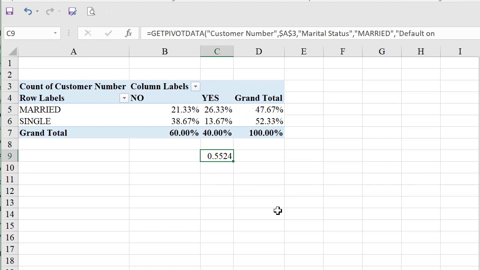Now, if you're on page 175 in the book, this number divided by this number gives us the probability of default, given that you're married, divided by the probability of being married out of all of our data.